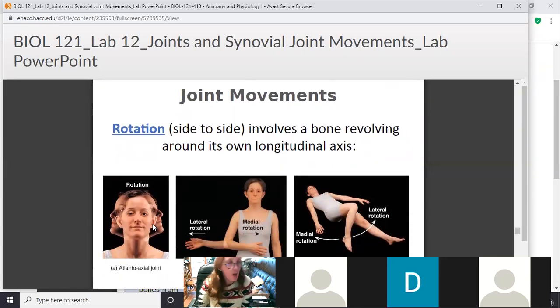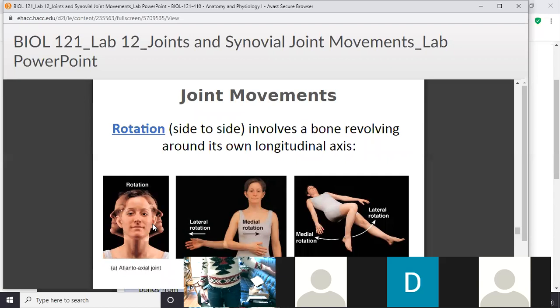Rotation on the atlantoaxial joint between the atlas and the axis in the neck, the C1 and the C2 vertebrae. The shoulder joint: medial rotation, bringing it towards the midline.